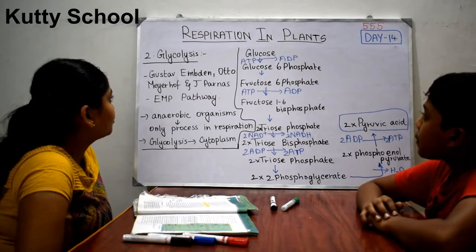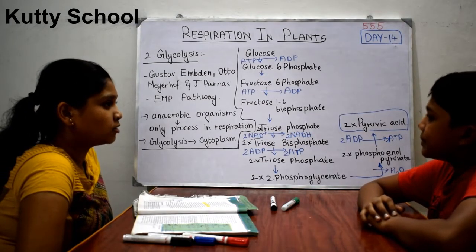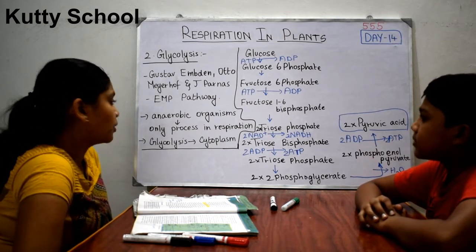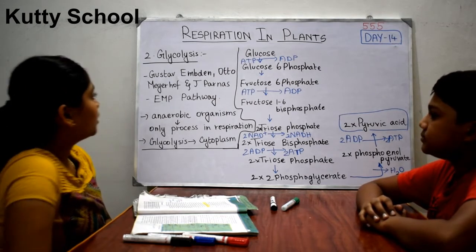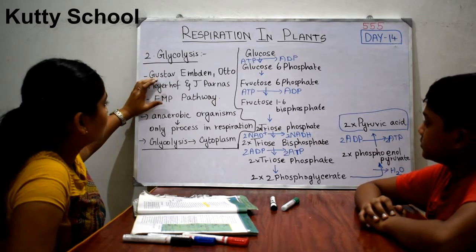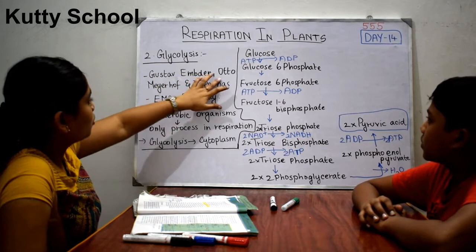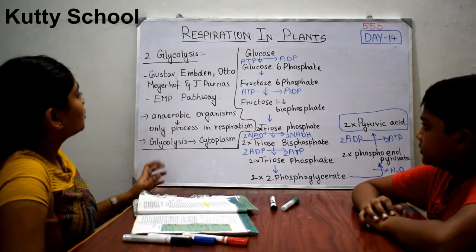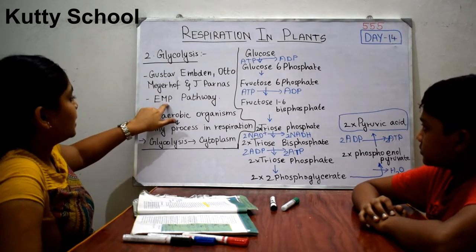Now we are going to see glycolysis, which all organisms undergo, a partial oxidation of glucose. It was discovered by 3 scientists: Gustav Embden, Otto Meyerhof, and J. Parnas. Therefore it is known as the EMP pathway.